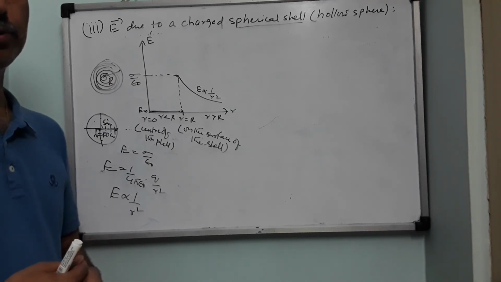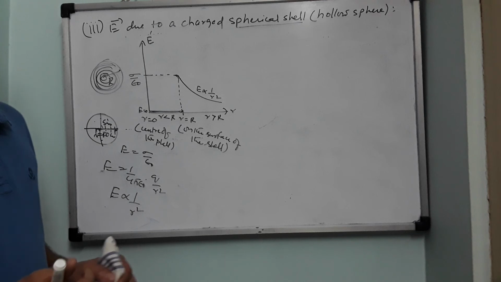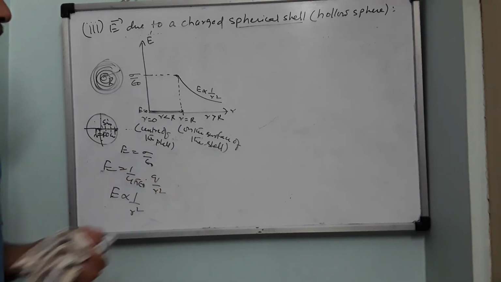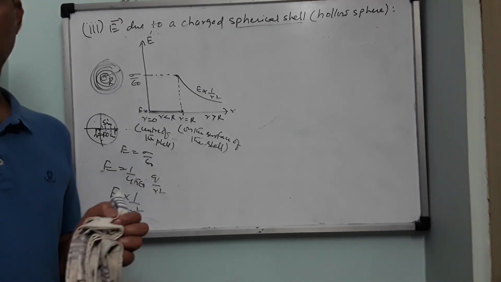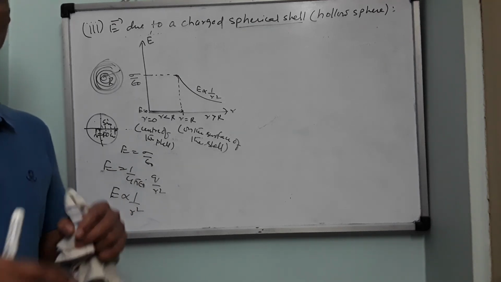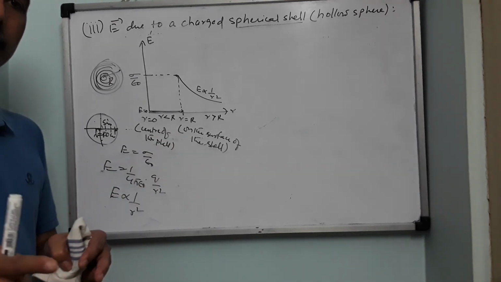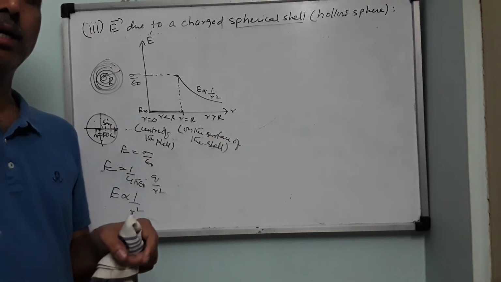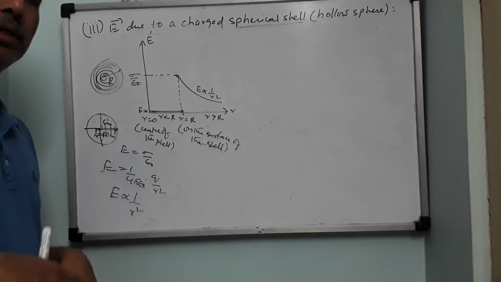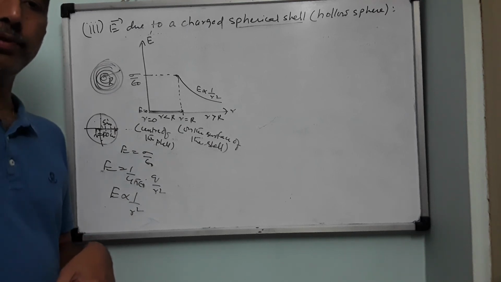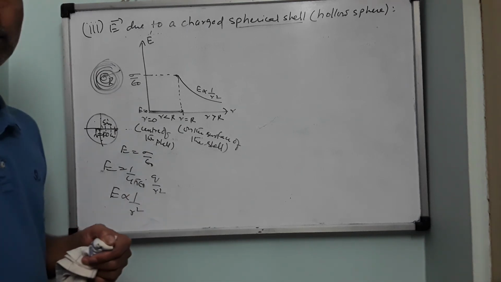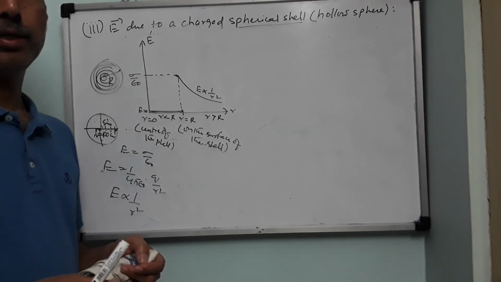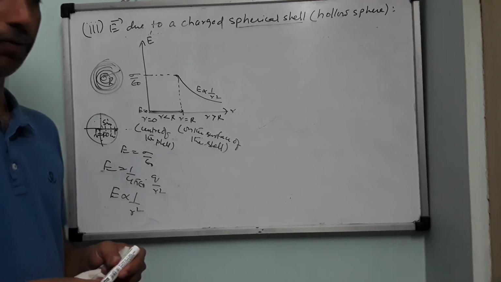This concept will be used to transport sensitive electrical devices from one place to another. Now you generally observe that when you are traveling in a train, you don't get a signal because the electric field inside the compartment is going to be 0, because the surface is metal, so the electric field will spread on the surface. Therefore, that electric field interferes with the signal and will not allow the signal to reach. When you come and stand in the door of the compartment, then you can hear the sound of the mobile, that is, the signal is received, right?